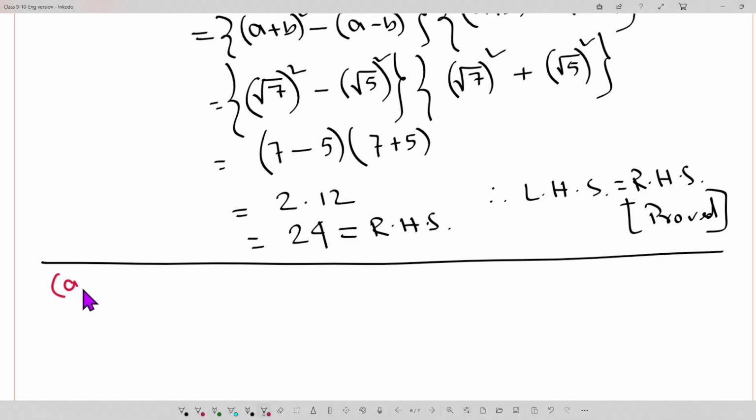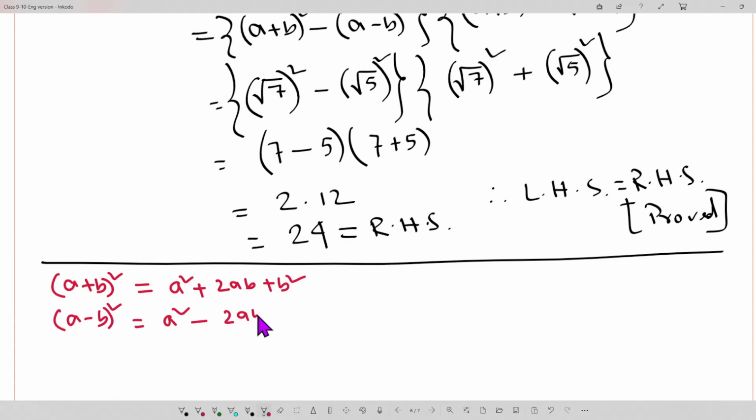Like (a plus b) whole square, we know this is a square plus 2ab plus b square, and (a minus b) whole square is a square minus 2ab plus b square.